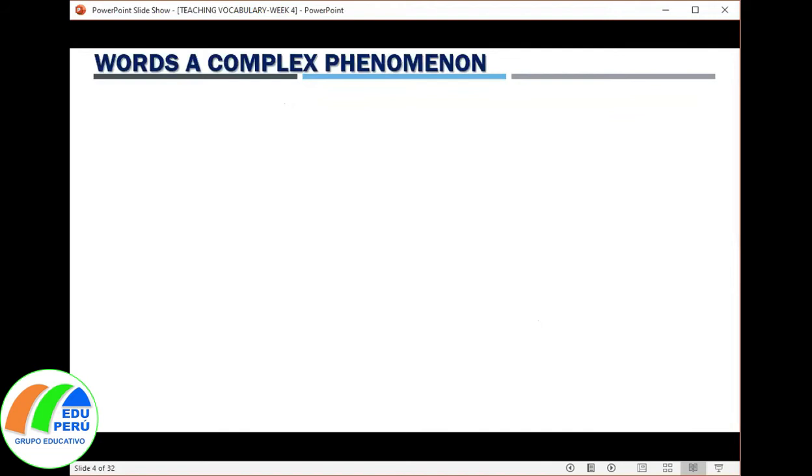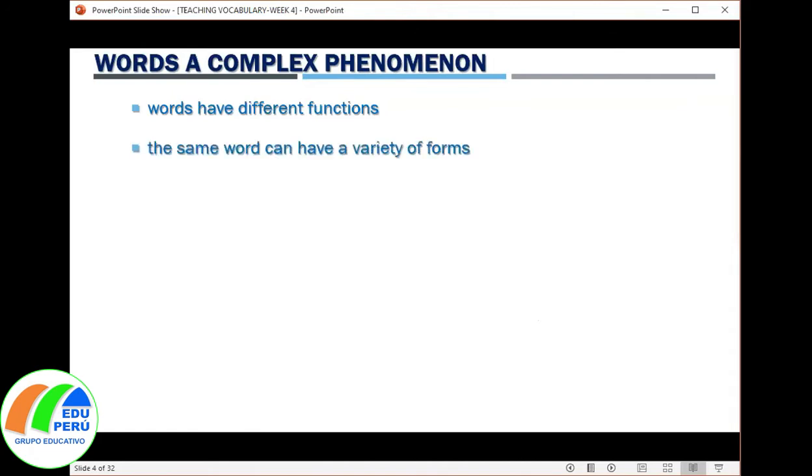Now, when we talk about words, we are going to talk about some complex phenomenon. Why? Because words have different functions. As we were talking, a word could be a verb, an adjective, a noun, or an adverb, so they are going to have different functions inside a sentence.